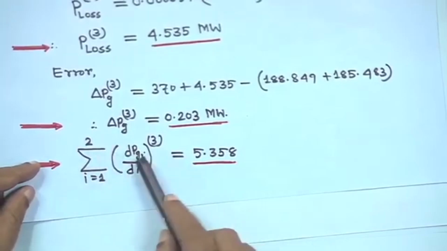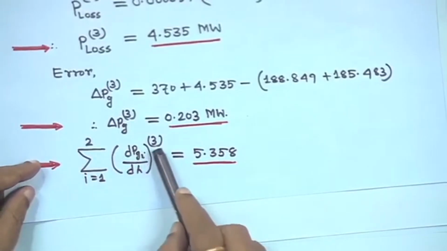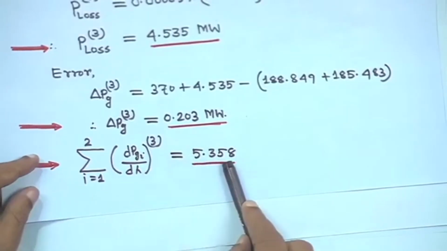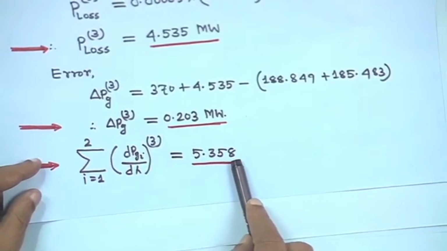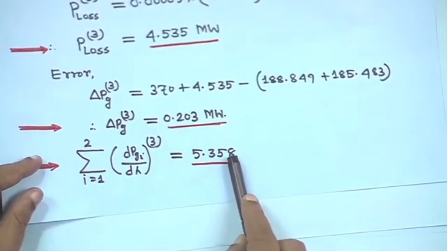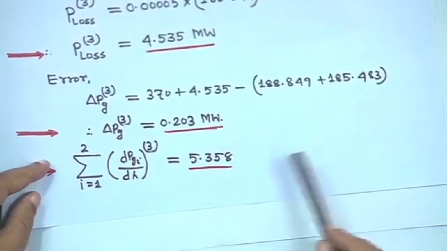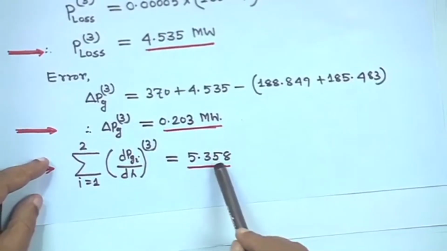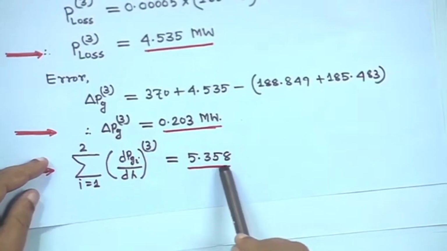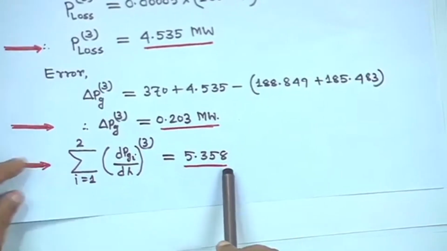The sum over i equal to 1 to 2 of dPgi by d lambda at the third iteration, here I am directly writing the value 5.358, but please compute it using the value of lambda 3. I am giving you the final answer, this is 5.358.